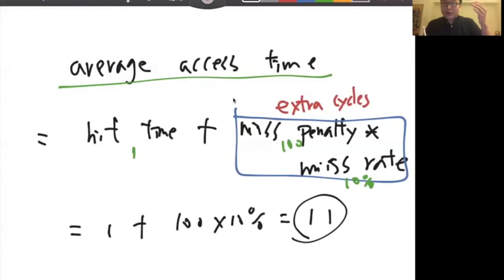It's still huge compared to having no misses, where you only need 1 cycle per instruction. With 10%, it's 11 times slower.